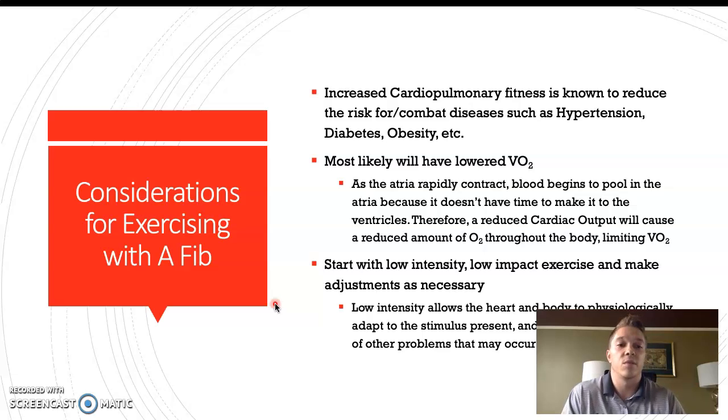So there is a limited amount of oxygen that is supplied to the body. And then he has to start at low intensity, low impact exercises, because if going too hard too fast, the heart could actually spike in heart rate and blood pressure and cause much greater issues to occur, especially considering he's on a beta blocker. So we don't want to push him too fast without him actually knowing what his body is physiologically doing.